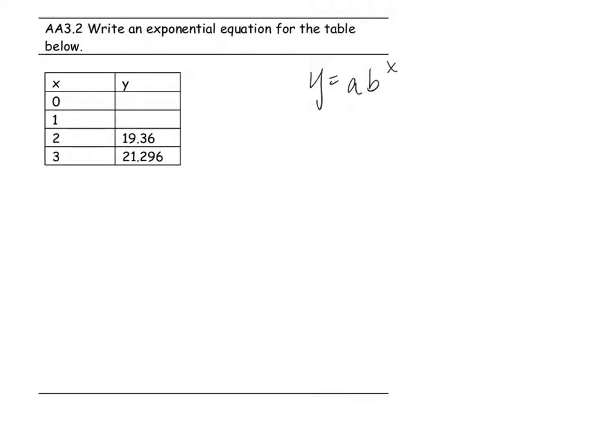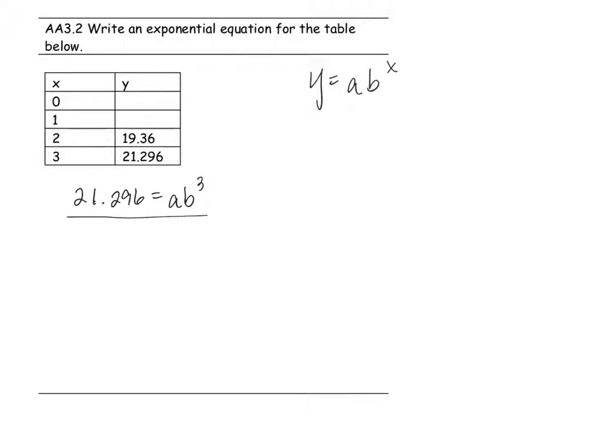Basically, I have an x and a y here, and an x and a y here. So what I'm going to do is set up a system of equations, and I'm going to put my bigger exponent on the top. I'm going to plug in 21.296 for y equals a, b, I don't know either of those, the multiplier or the starting value, to the x.